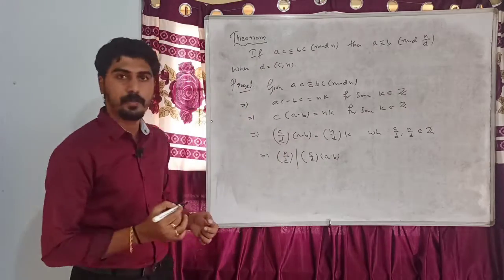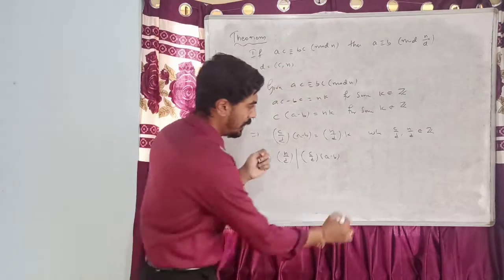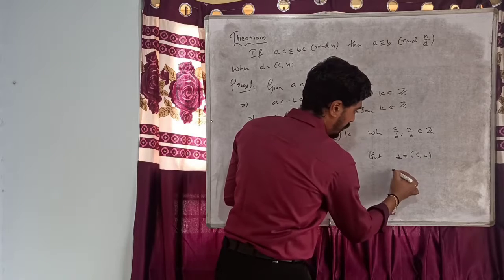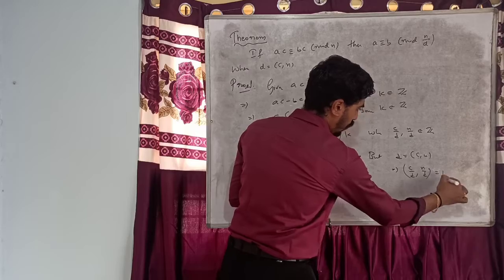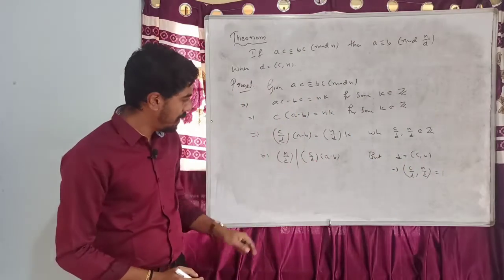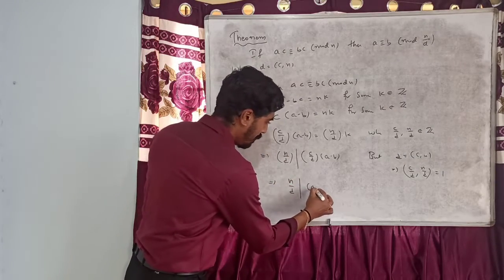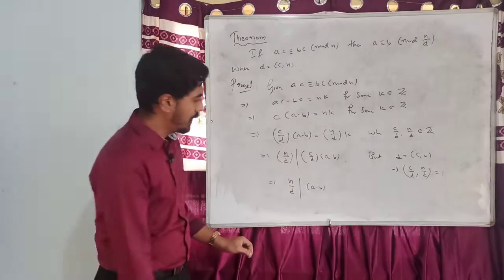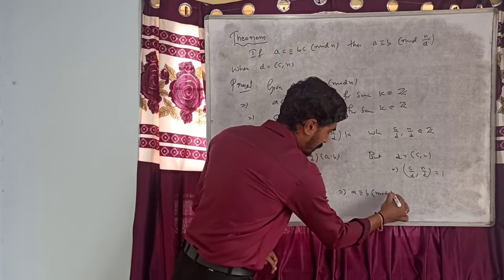But D is the GCD of C comma n, implies that GCD of C by D comma n by d is equal to 1. Since these two integers are relatively prime, this implies that n by d divides A minus B. So by the definition of congruence, we have A is congruent to B modulo n by d.